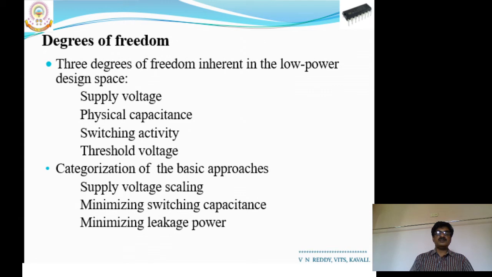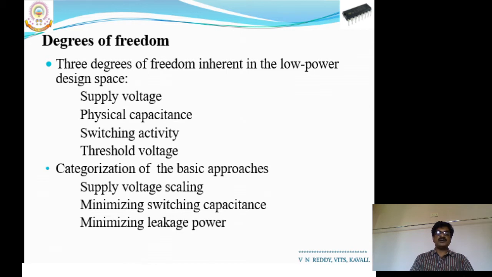When you apply the voltage scaling techniques, the power consumption no doubt can be reduced, but at the same time the speed is also reduced. But the aim is that the system has to work at high speed. So along with the reduction of power, we also think about improving the speed.